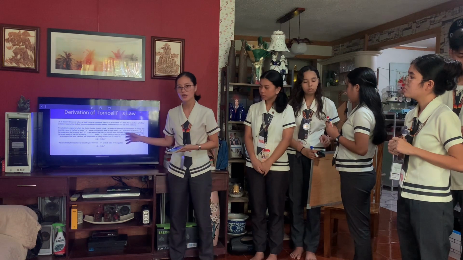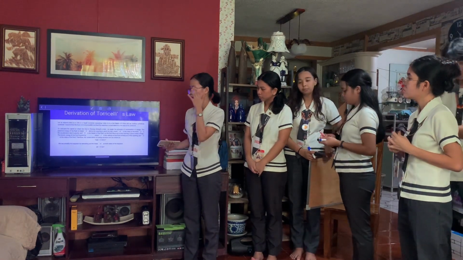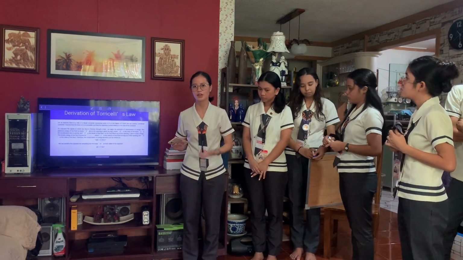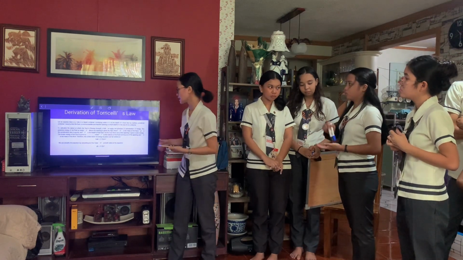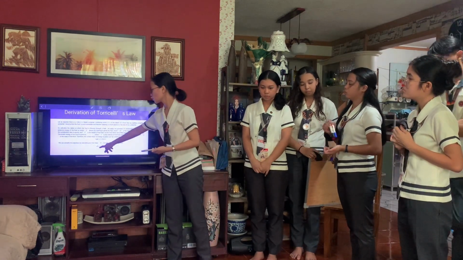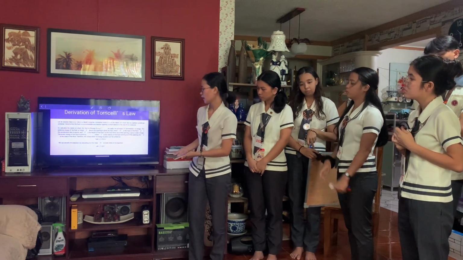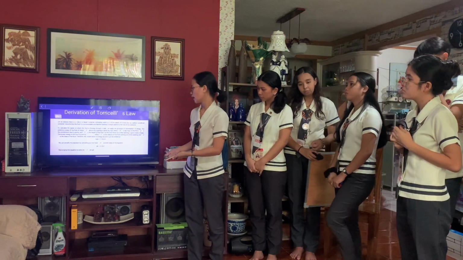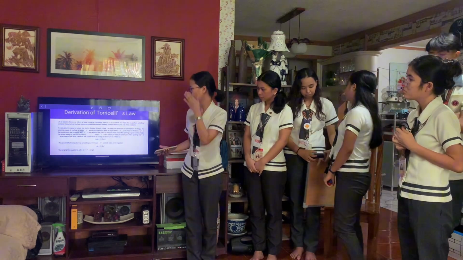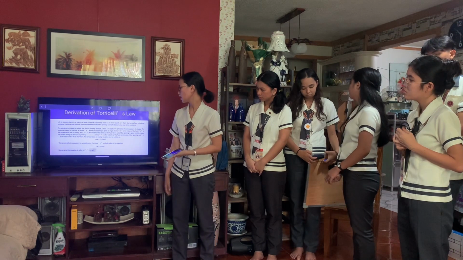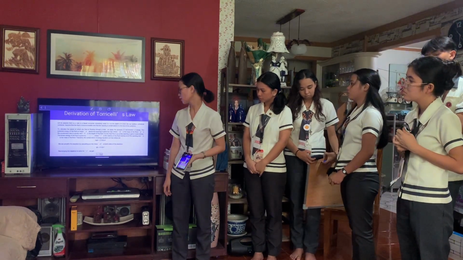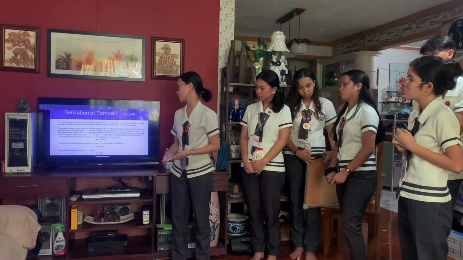And in order to find the value of the velocity, we must take the square root of both sides, and then we will have the equation velocity equals the square root of 2 times gravity times height.